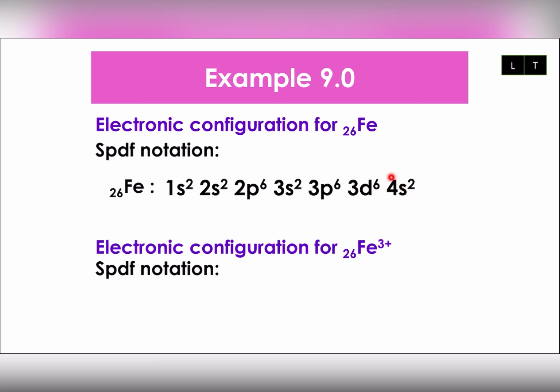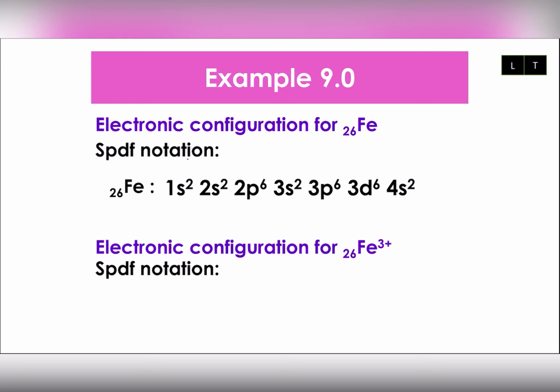So you have 4s2 and the leftover is 3d6. But at this point, 4s is at a much higher energy level compared to 3d, because once it is filled with electrons, they repel. As you see here, 4s is filled with 2 electrons, so it will repel to a higher energy level. So it means we will remove from 4s first.